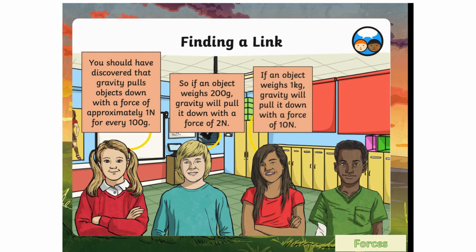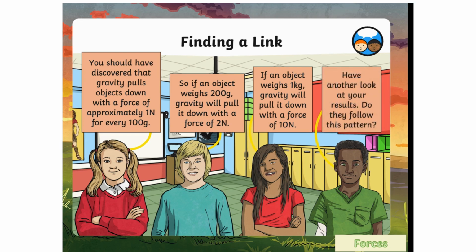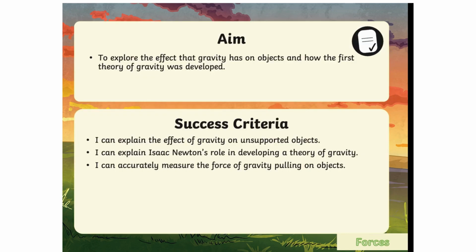If an object weighs 1 kg, gravity will pull it down with a force of 10 Newtons, right? Because 1 kilogram is 10 parts of 100 grams. Have another look at your results. Do they follow this pattern? Okay. And this is how we have finally met our aim and the success criteria.